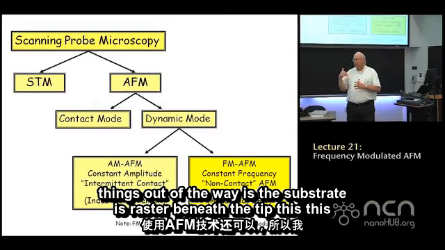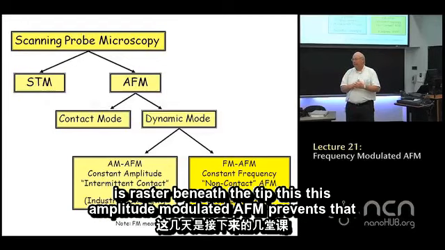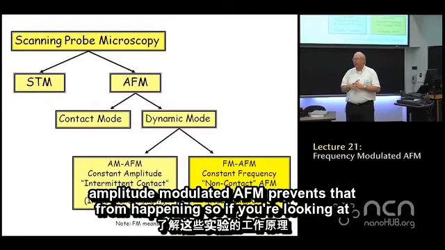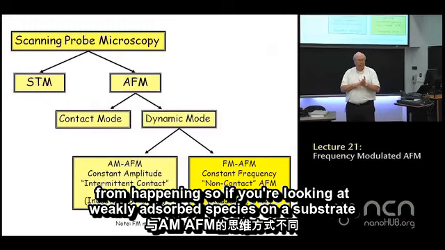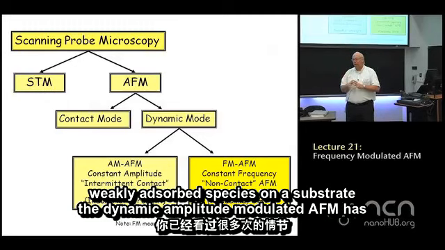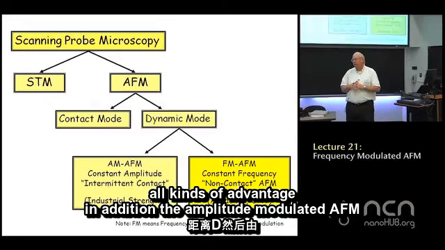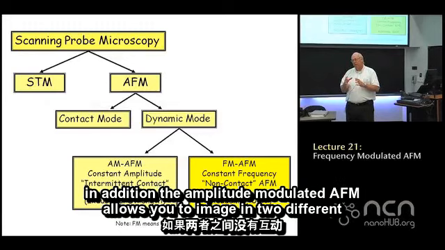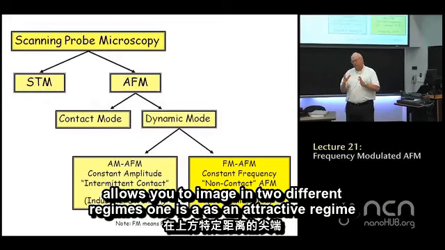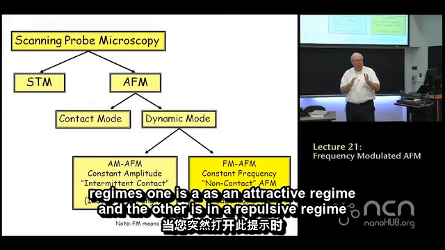This amplitude modulated AFM prevents that from happening. So if you're looking at weakly adsorbed species on a substrate, the dynamic amplitude modulated AFM has all kinds of advantages. In addition, the amplitude modulated AFM allows you to image in 2 different regimes. One is an attractive regime and the other is a repulsive regime.